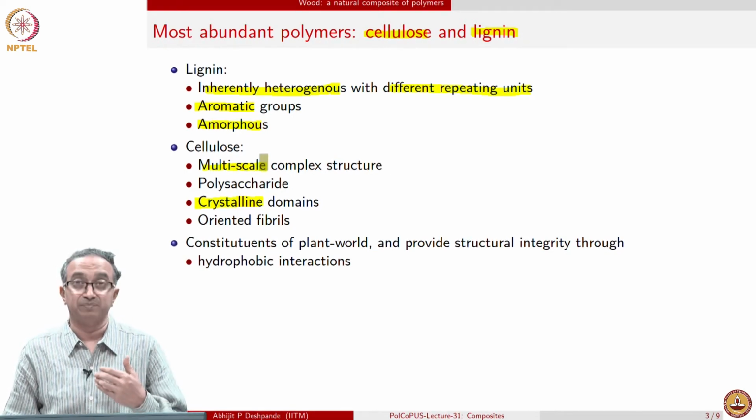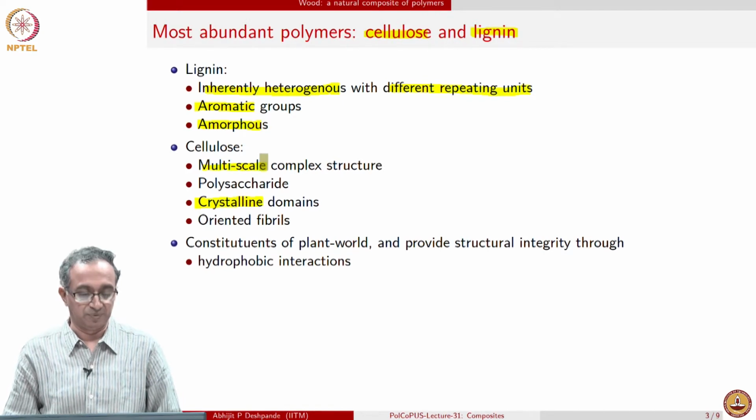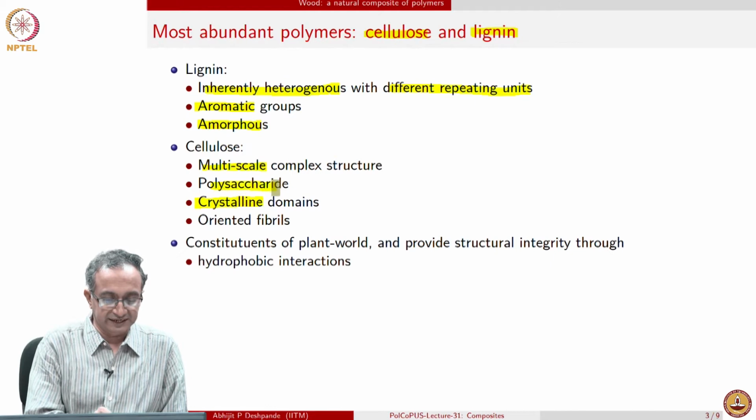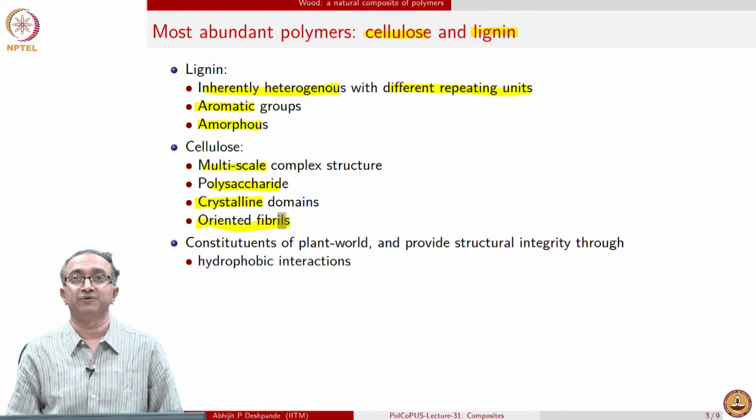So there's a multi-scale structure, and in each of these, the orientation of crystals and the orientation of cellulose macromolecules are very important. So it's a polysaccharide, and a lot of emphasis in terms of how cellulose performs is based on the orientation of crystallites and fibrils in the cellulose material.